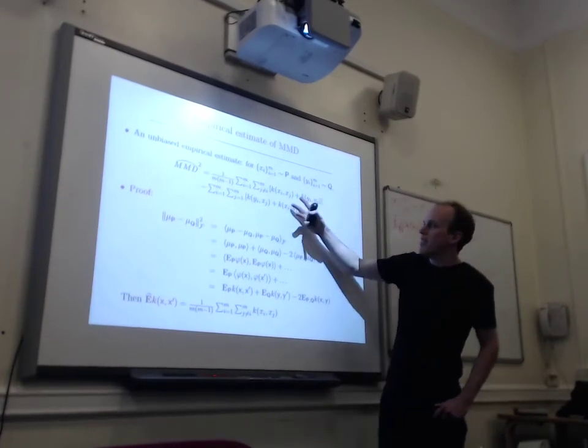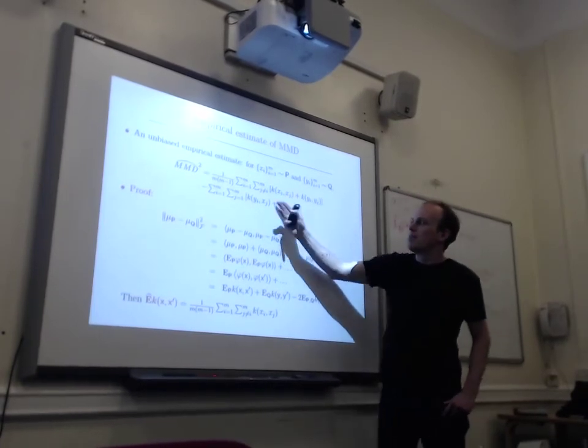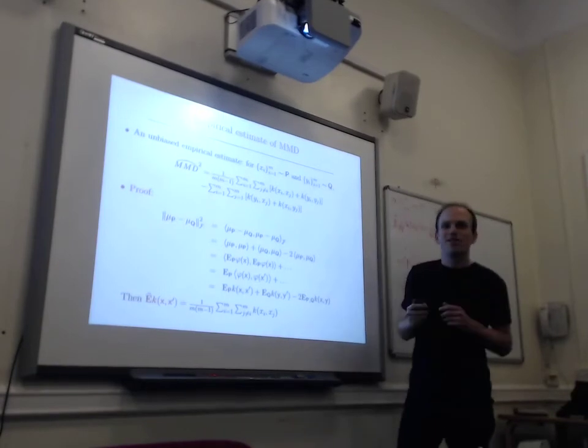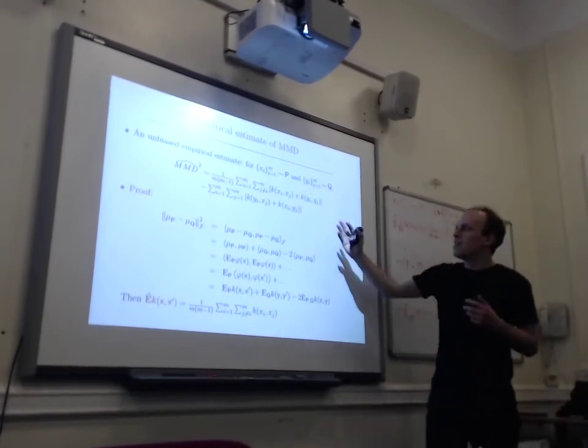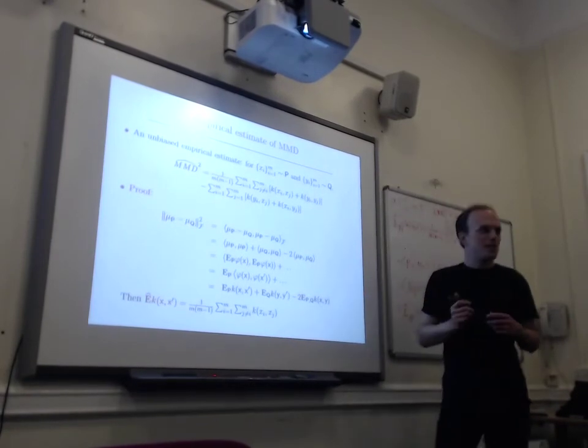And the more points you get, the more these similarities will approach each other. This is just a nice intuition as to why this is a reasonable distance between P and Q.